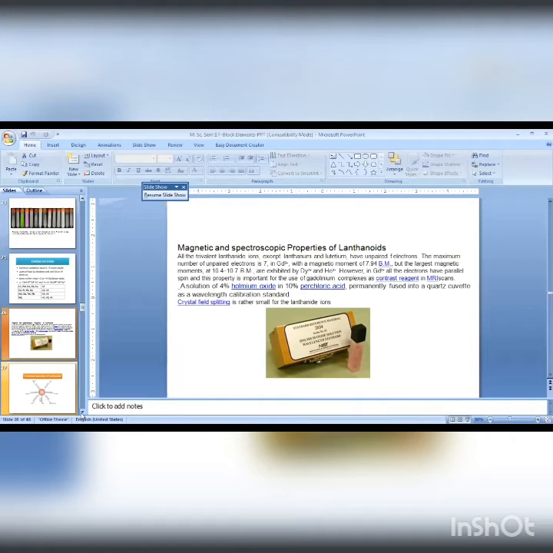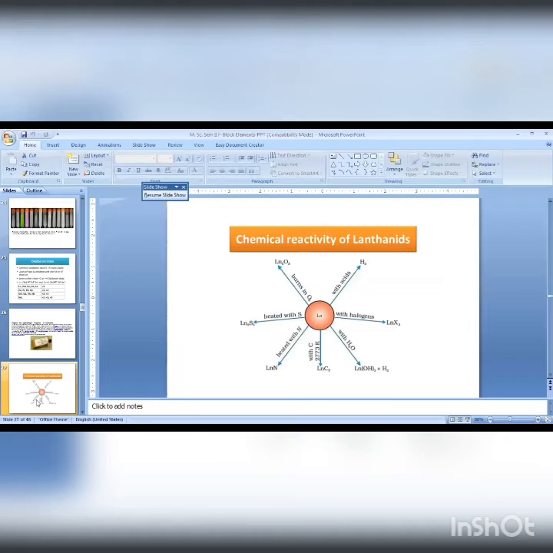If we move to the next slide, here it is written as the chemical reactivity of lanthanides. In the beginning, we have seen that all these elements are extremely reactive. Because of their reactivity, they are not found in nature in their elemental state. They are always associated with non-metallic stuff from the atmosphere. If we look at this slide, here at the center, Ln stands for the common word lanthanide elements.